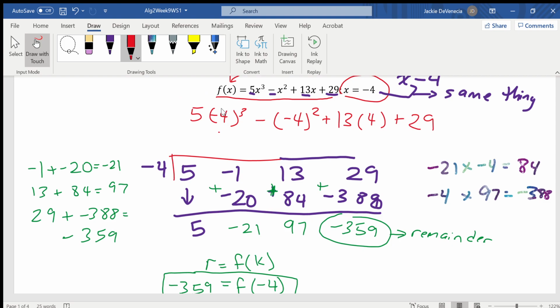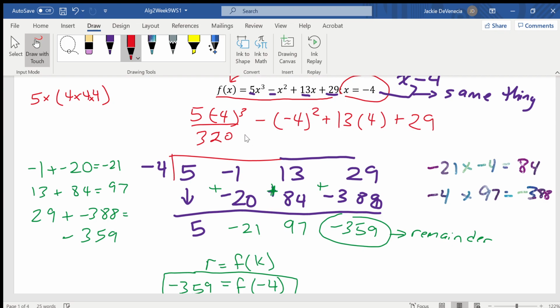So right over here, 5 times 4 times 4 times 4, that would give us 320.